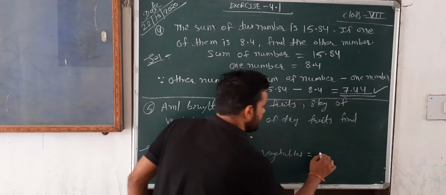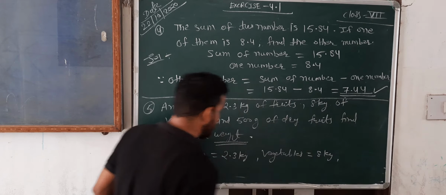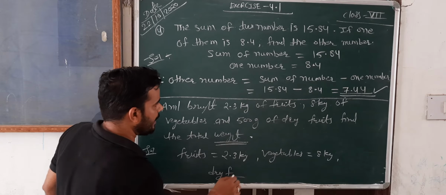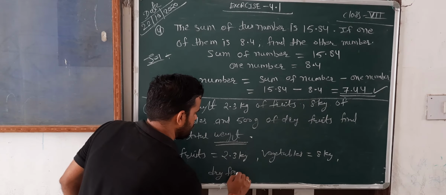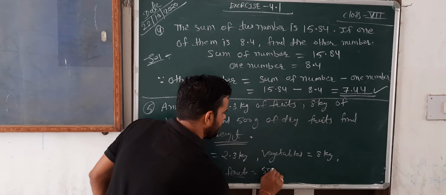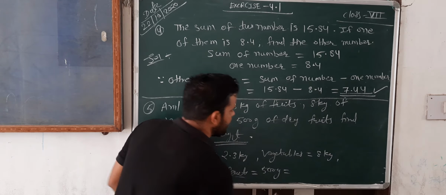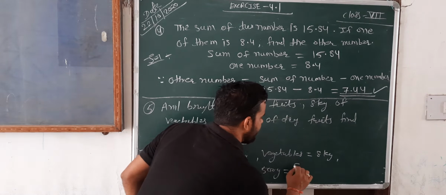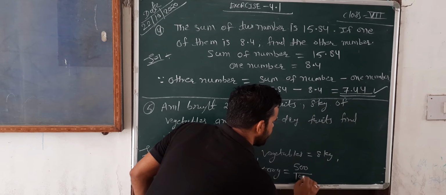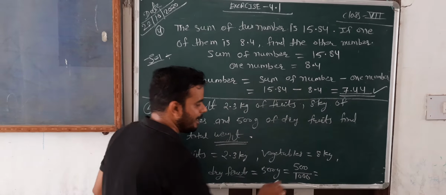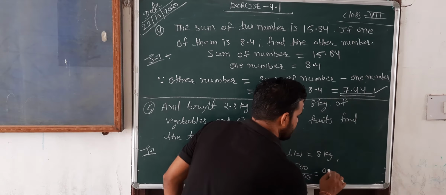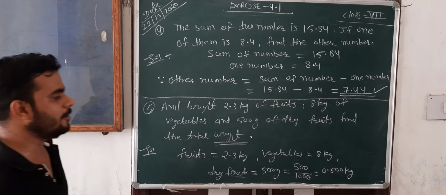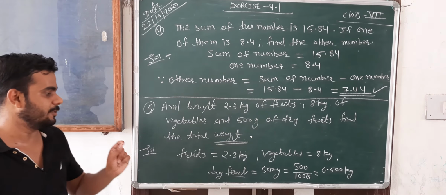Vegetable is 8 kg, but dry fruits 500 gram. So gram we have to change into kg, so 500 divided by 1000. Very good. 500 divided by 1000. So your answer is 0.500 kg.